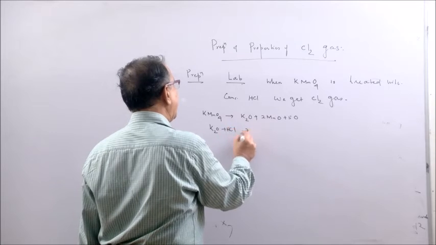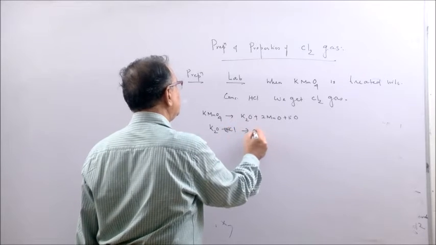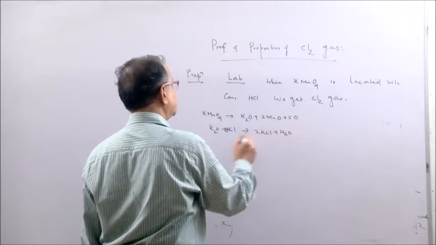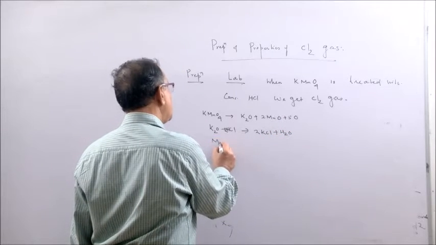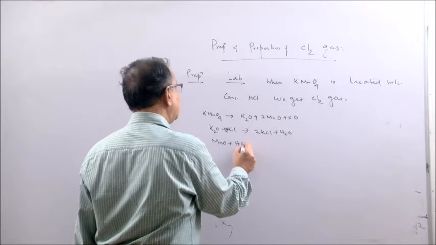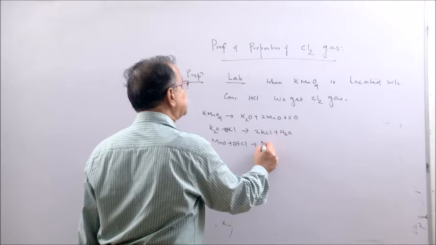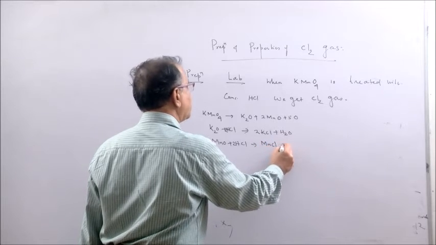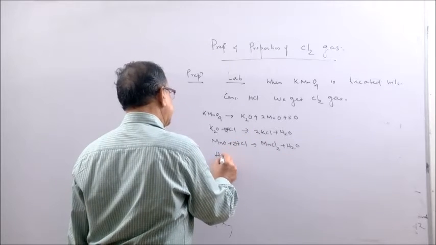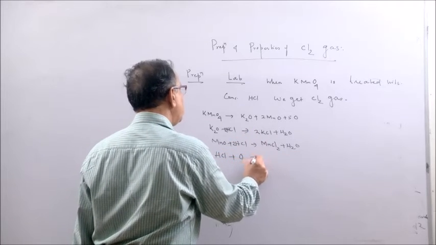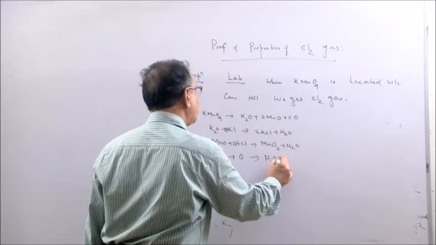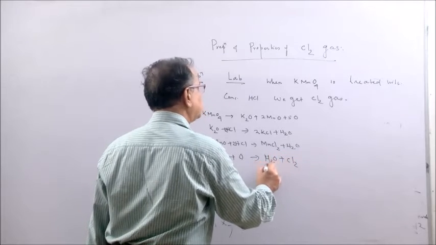We get 2KCl plus MnCl2 plus H2O. Then again HCl gives H2O plus chlorine.